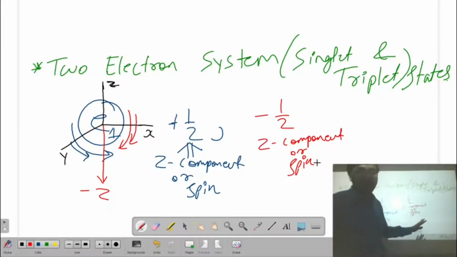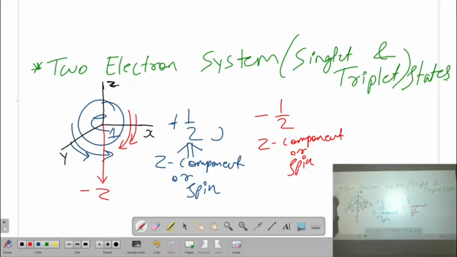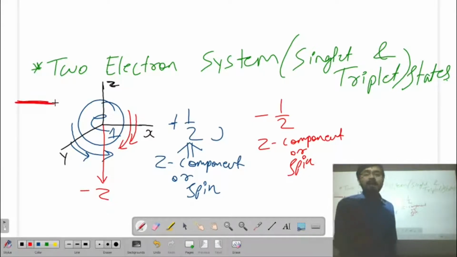But this is for the case of a single electron. So it will have a single energy level, a single state, right?